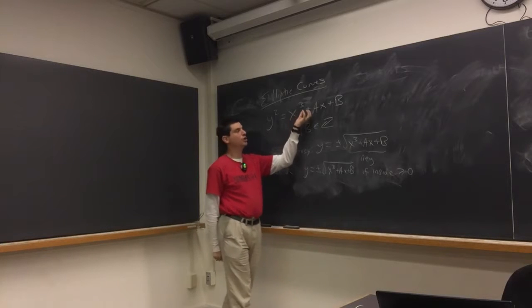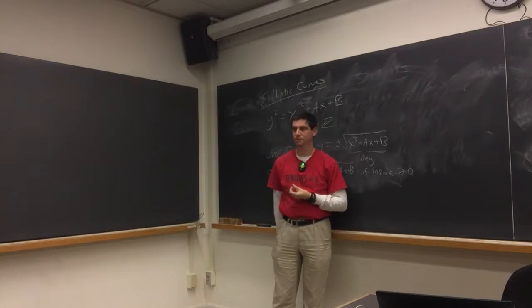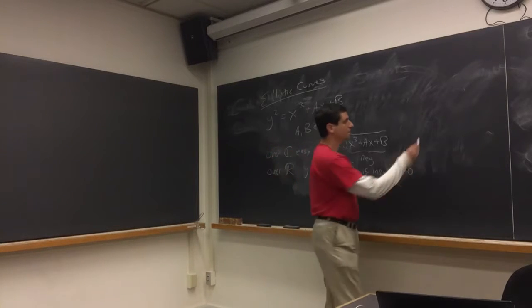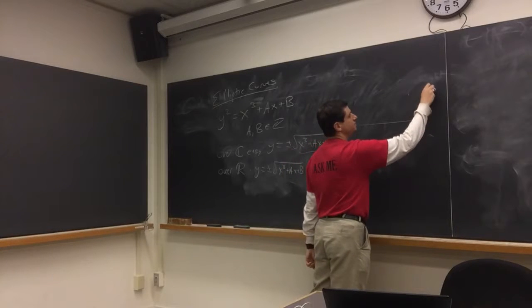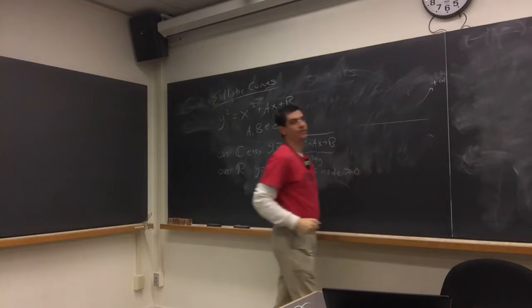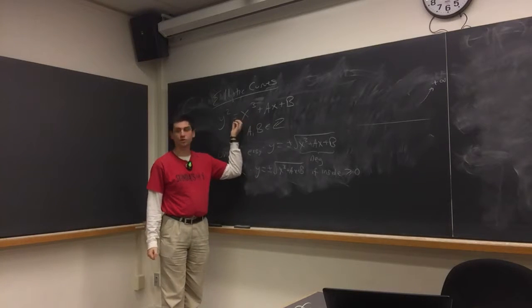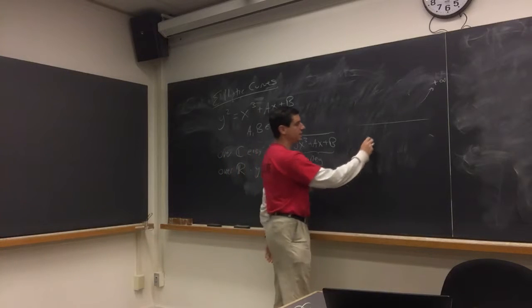So what do we know about the plot of x cubed plus ax plus b? As x goes to infinity, it's got to be going off to plus infinity as x gets very, very large, because the x cubed term will dominate. What about as x goes off to negative infinity? It's got to go down to negative infinity.